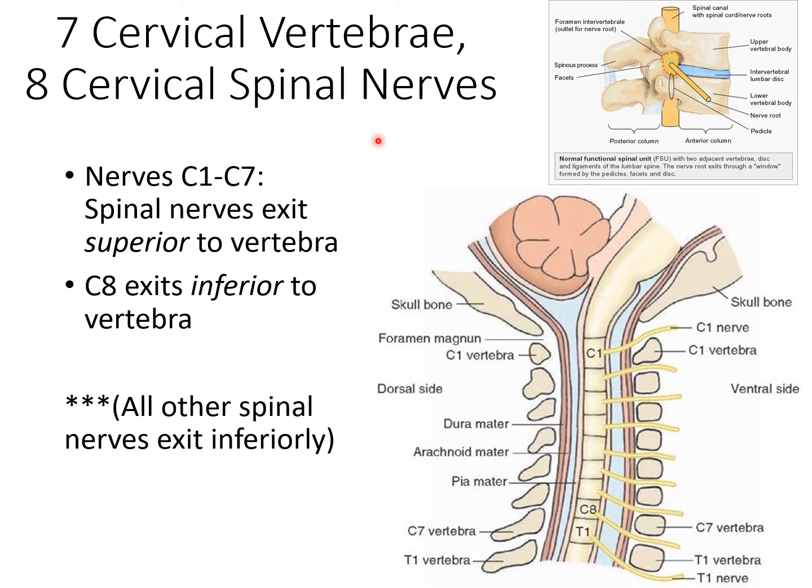We name spinal nerves C1 through C7 according to which vertebra is inferior to it. That is, spinal nerve C1 exits on top of vertebra C1. Spinal nerve C2 exits on top of C2.